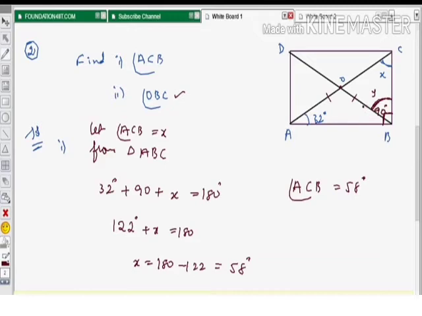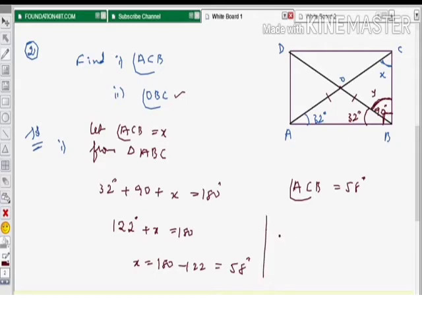From triangle AOB, OA is equal to OB. Then if this angle is 32, this angle should also be 32 degrees. Then the total angle is 90, so y plus 32 is equal to 90.